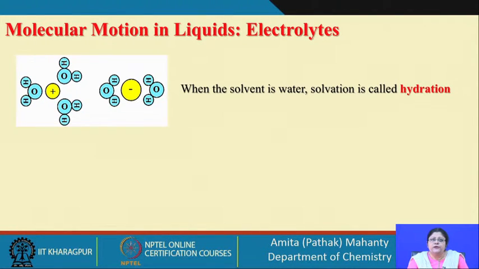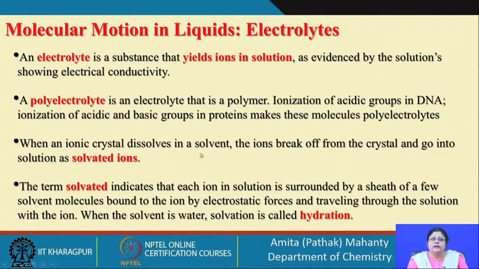What do we mean by solvated? We mean that the ions are surrounded by a sheath of a few solvent molecules bound to the ions through electrostatic interaction. And when they travel through the solution on application of an electric field, they move as the solvated ion.